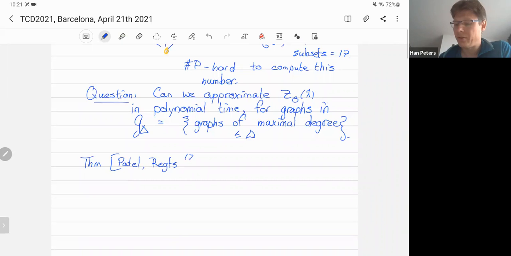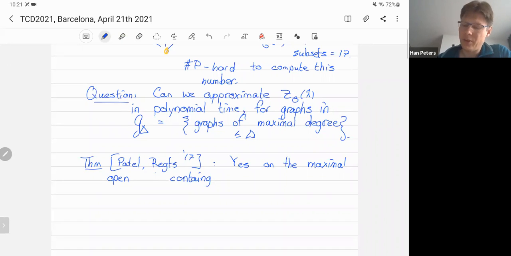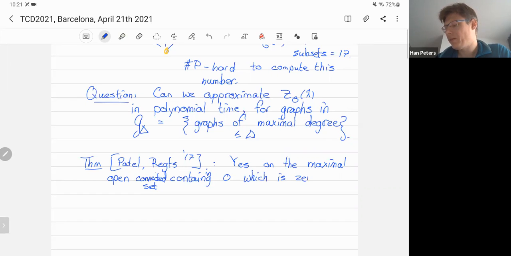So here's a fairly recent theorem of Patel and Regts, two combinatorists in Amsterdam, I think from 2017. They proved that the answer is yes on the maximal open connected set containing zero, which is zero-free.